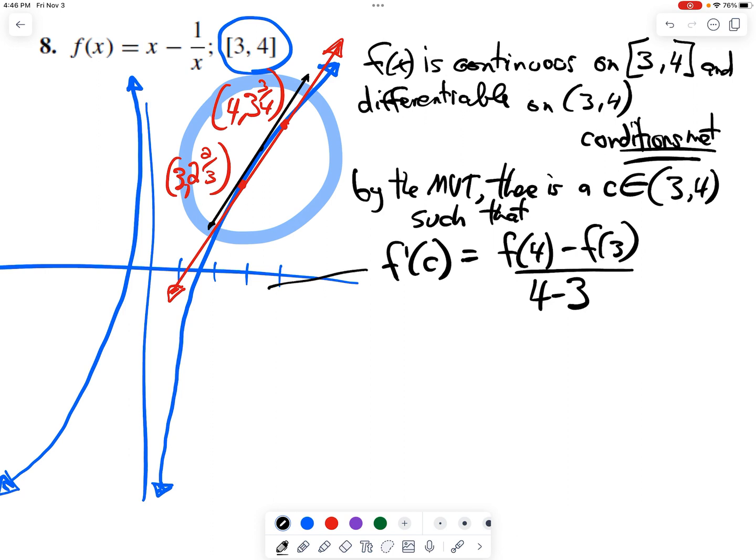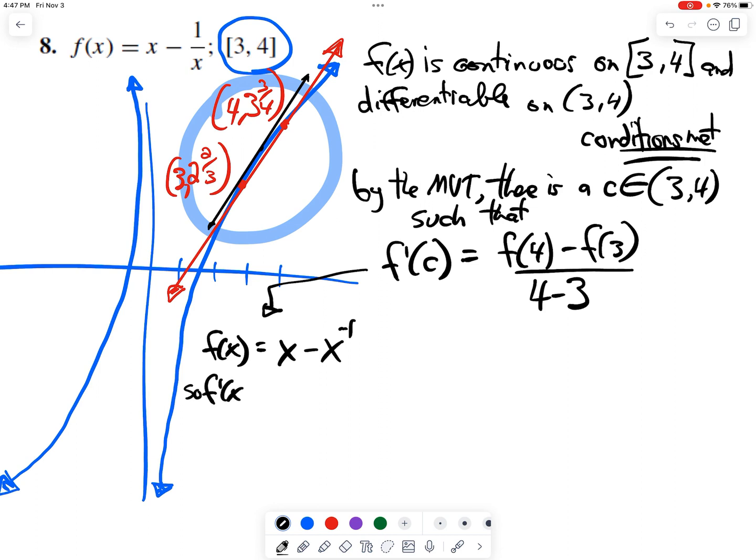Hard stuff first, finding the derivative and finding f prime of C. f of x is x minus 1 over x. I'm going to write it as x minus x to the negative 1 because I prefer to use the power rule instead of the quotient rule.